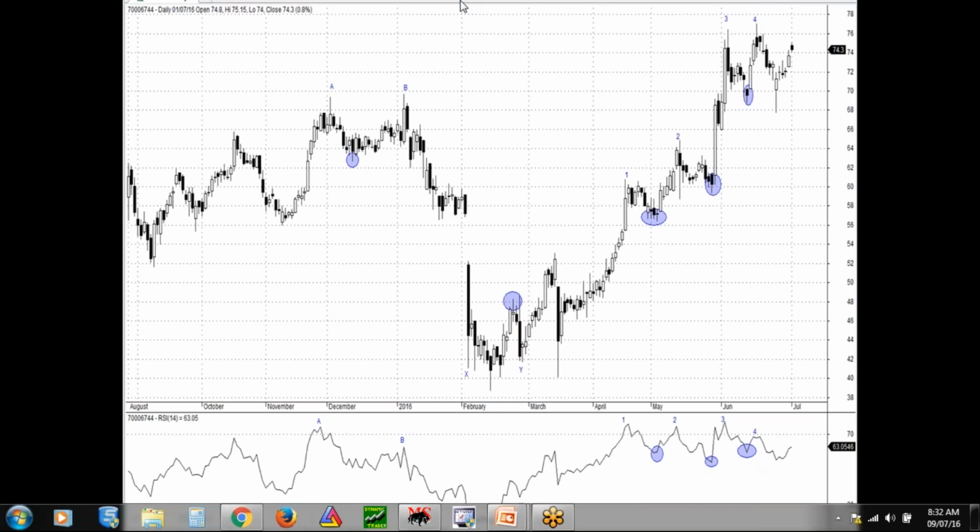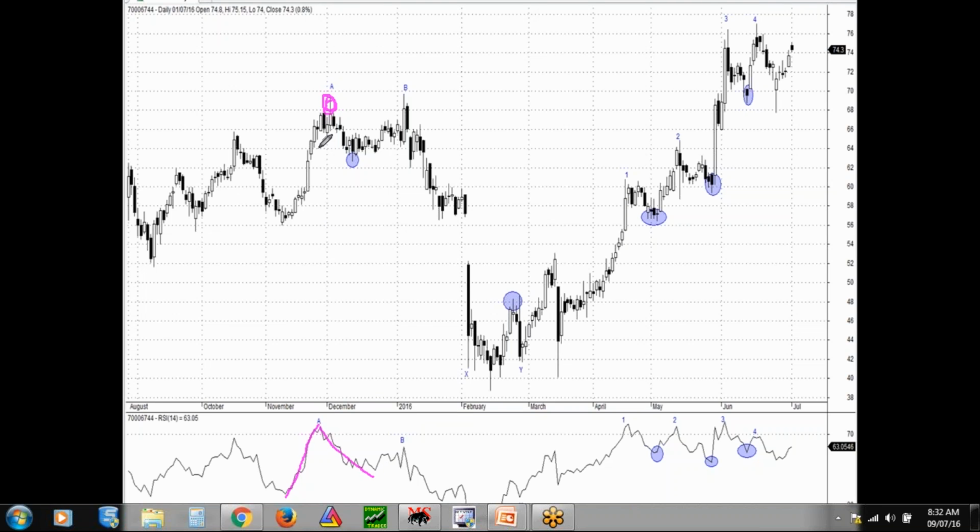So here the RSI moves up and pushes the price into an overbought zone.